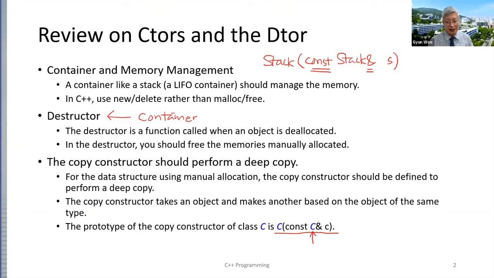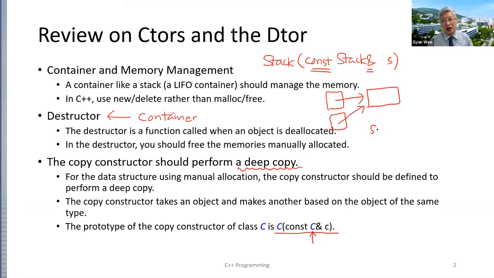This copy constructor is used when you build an object based on another object. So it is really neat when you allocate a container using new or malloc. This copy constructor should perform a deep copy. Once you allocate an object like this, without the copy constructor, it may be shared like this.